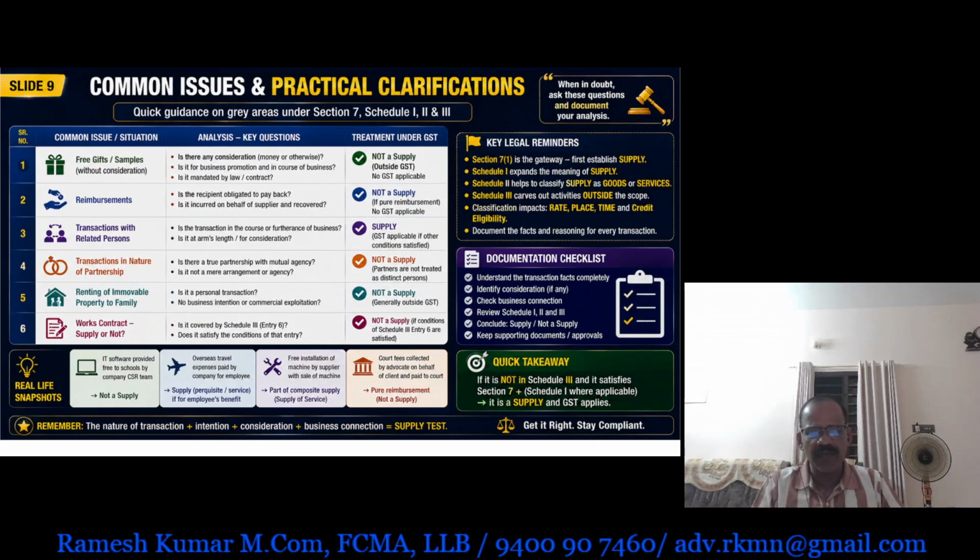Do not decide GST liability merely by looking at the label used by the parties. You have to look at the actual facts and circumstances. Always ask, what happened? Why did it happen? Was there consideration? Was it connected with the business? Does any schedule apply, whether 1, 2, or 3? So, a good GST analysis begins with correct facts and ends with correct classification.